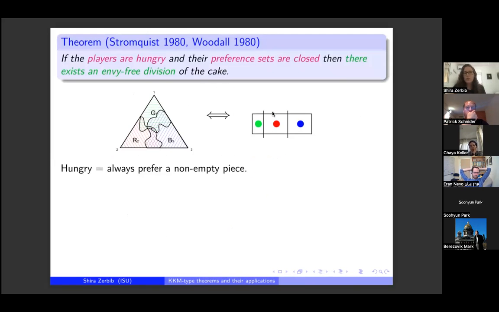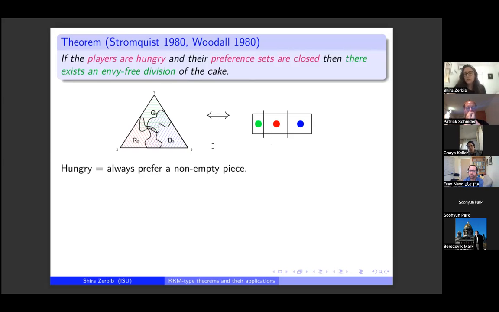And what I'm looking for is an envy-free division of the cake, which is exactly a point in the intersection of n sets from the n different covers corresponding to n different vertices. So the conclusion of the colorful KKM theorem is exactly what I'm looking for in the cake division theorem.